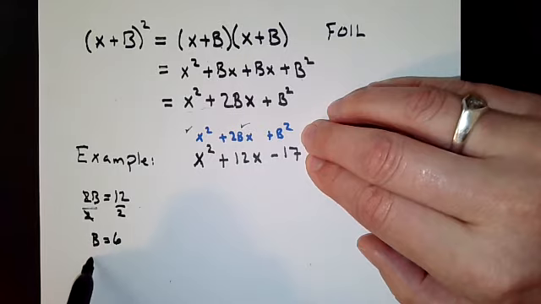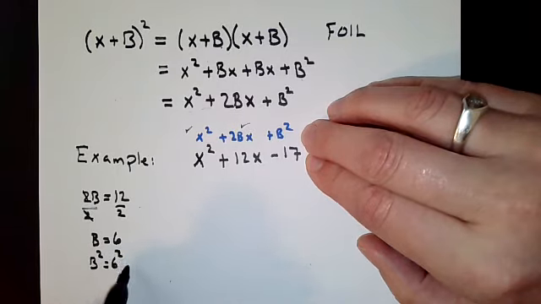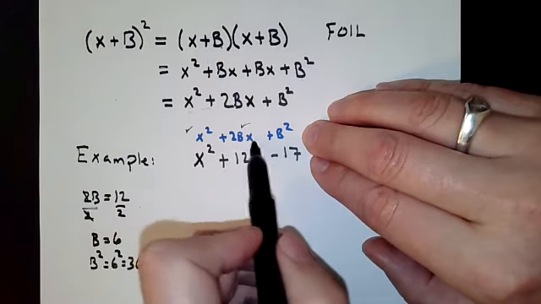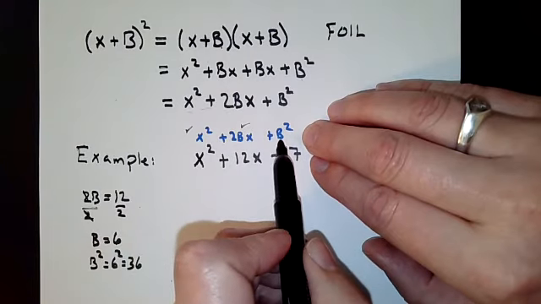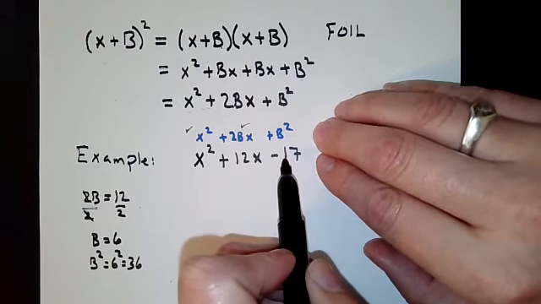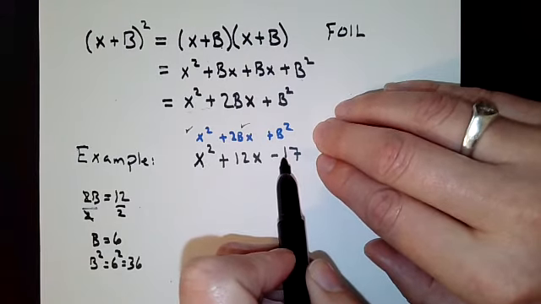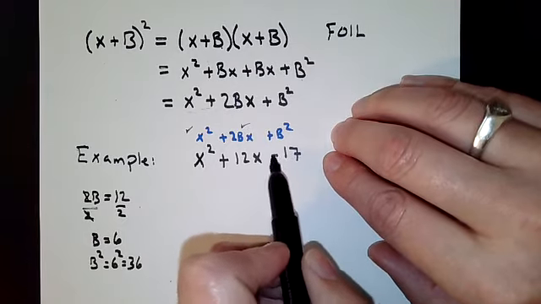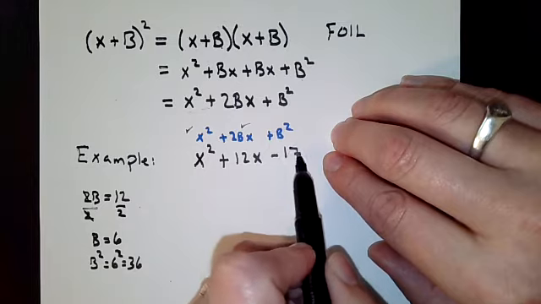And b squared then is 6 squared, that's 36. Our constant term, in order to match this pattern, needs to be 36. What we have is 17. So we're going to have to change the way our constant term looks.